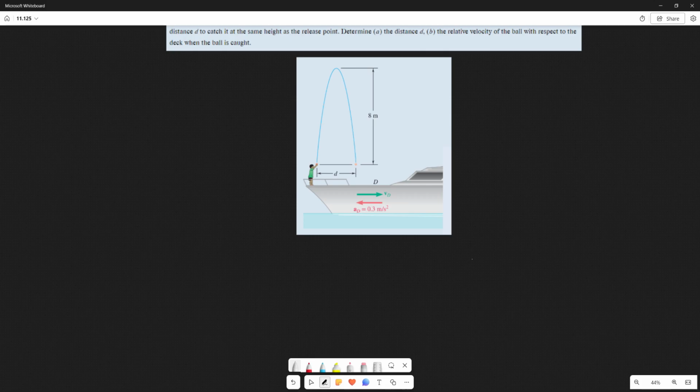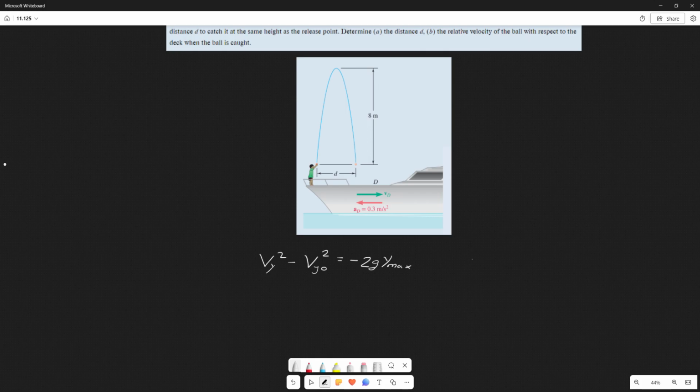So we're going to start with the following equation: the y velocity squared minus the initial y velocity, we'll call that vy0, squared, has to equal minus 2 times the acceleration g times the y max, the maximum distance the ball reaches.